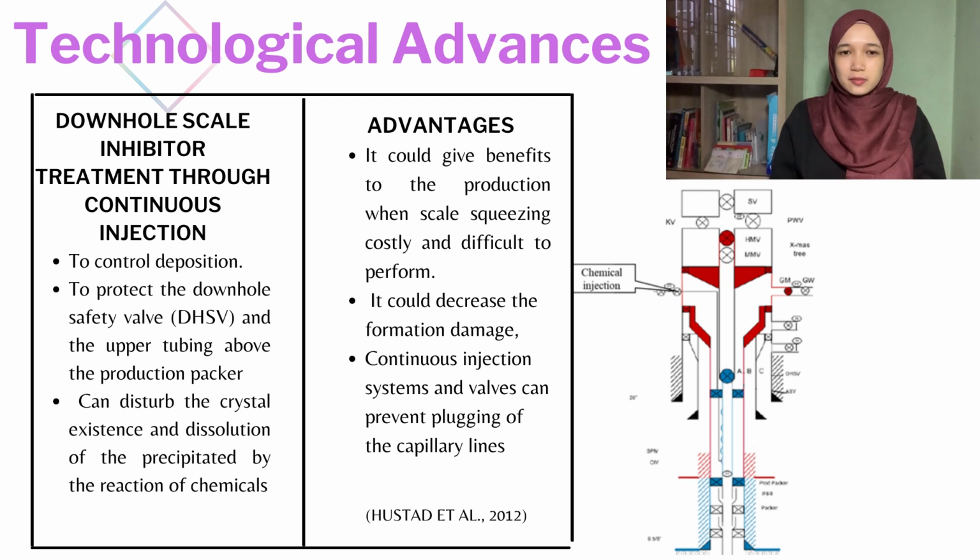It could also disturb crystal existence and dissolve the precipitate by the reaction of chemicals. The advantages of this method are that it benefits production when scale squeezing is costly and difficult to perform. It could also decrease formation damage, and the continuous injection system and valve can prevent plugging of the capillary lines.